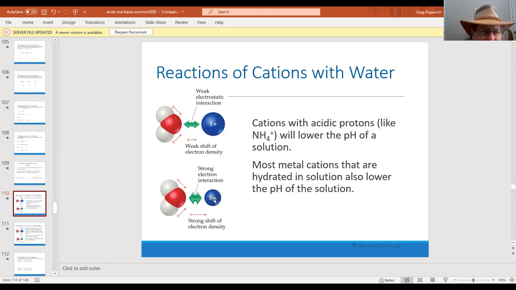So if I have a cation or an NH4+, each one of those will generate an H+: the NH4+ by donating the proton directly, the cation by grabbing the OH- from the water and making the metal hydroxide. But what that leaves is H+, which reacts with water to make H3O+.